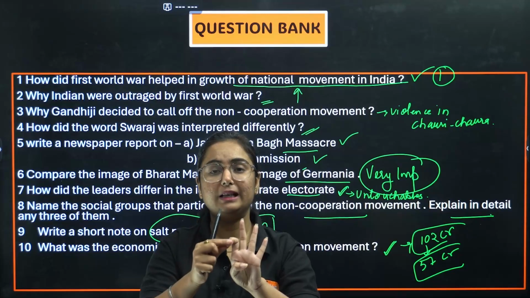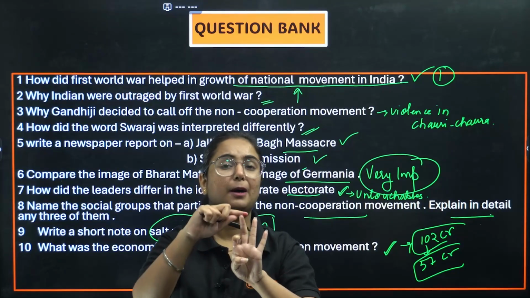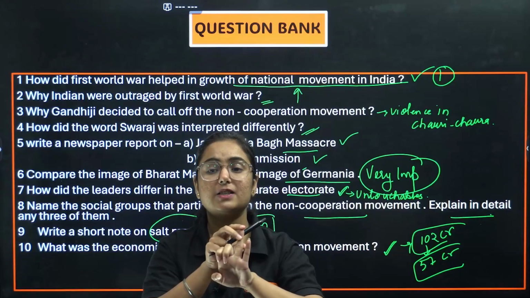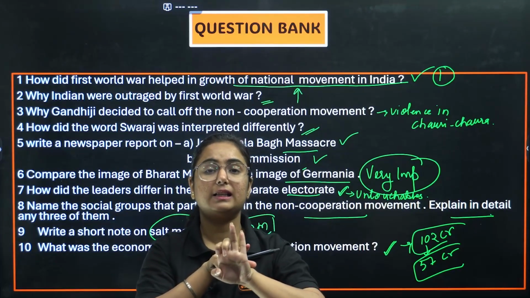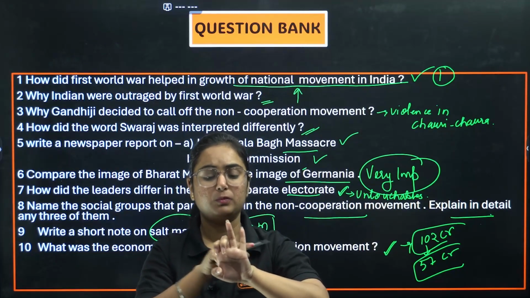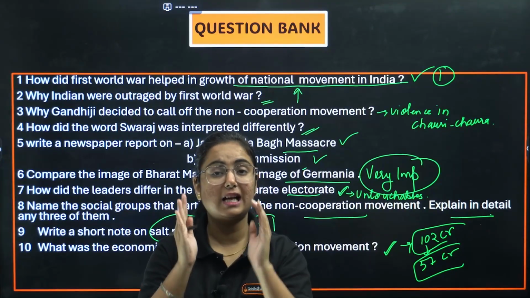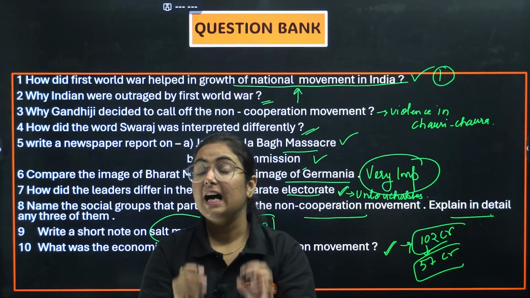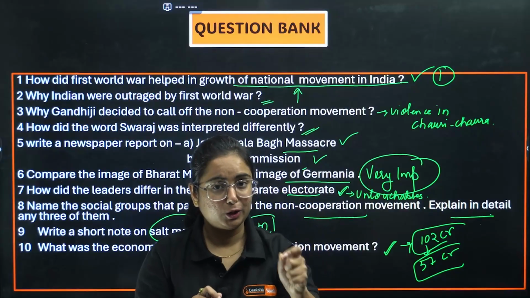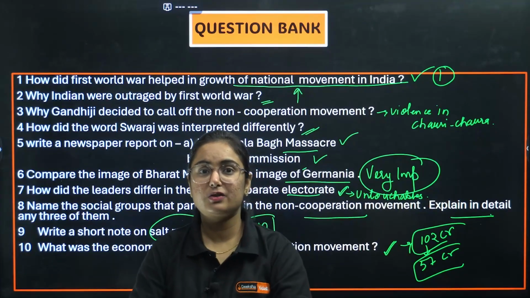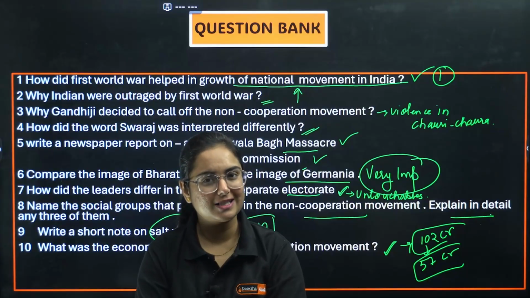We have completed nationalism in Europe and nationalism in India. We are left with 2 chapters, that is print culture and the last one, that is making of global world. Yes, print culture is a vast chapter, but in the last one, making of global world, only 1.1, 1.2 and 1.3 are coming.